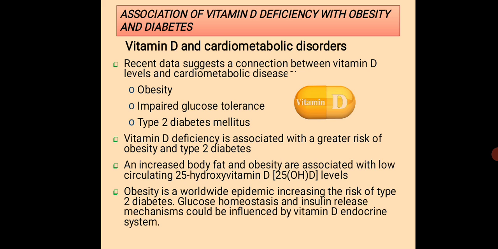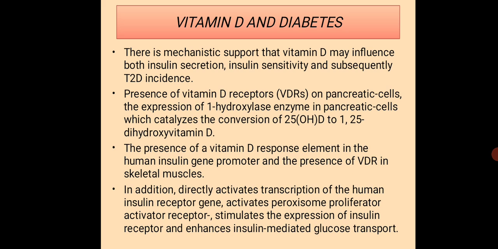Glucose homeostasis and insulin release mechanisms could be influenced by the vitamin D endocrine system. Vitamin D and diabetes: there is mechanistic support that vitamin D may influence both insulin secretion and insulin sensitivity, and subsequently type 2 diabetes incidence.